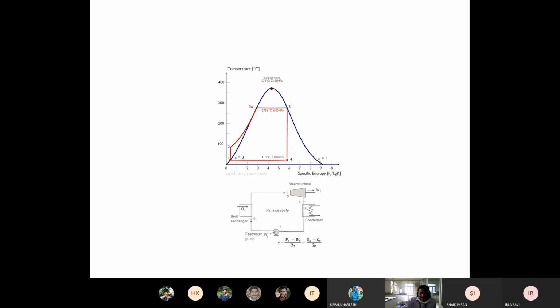H3 minus H4 is the work done. H3 minus HF1 is the heat supplied. HF4 minus HF1 is the heat rejected, and HF2 minus HF1 is the pump work. Now come to the next slide.